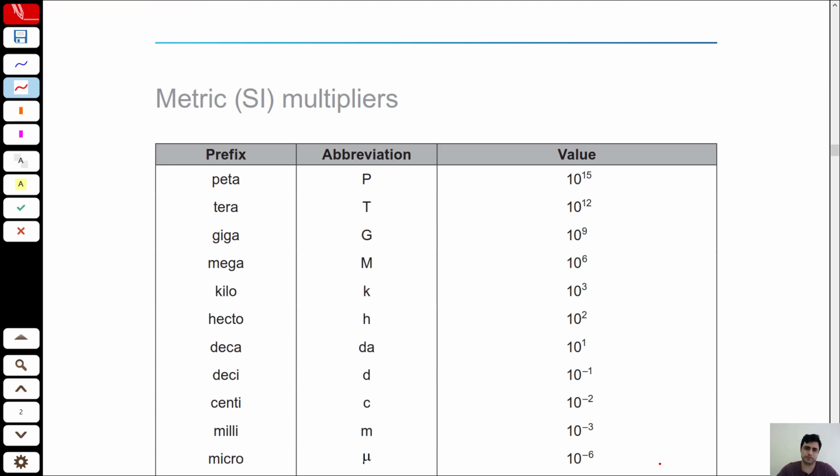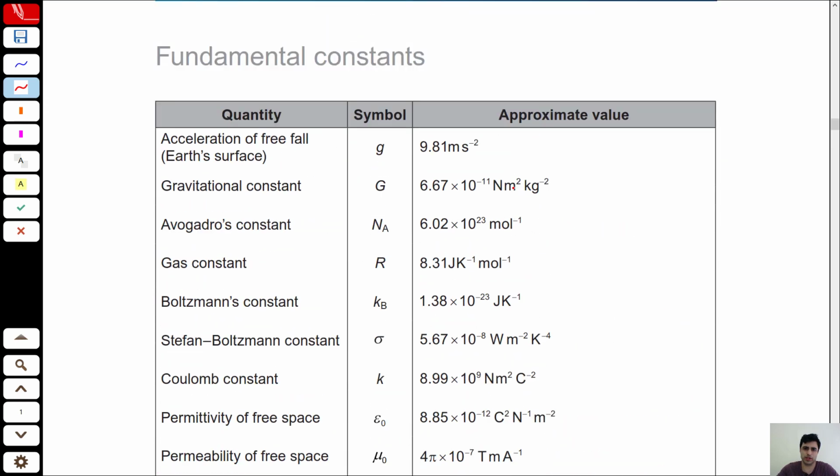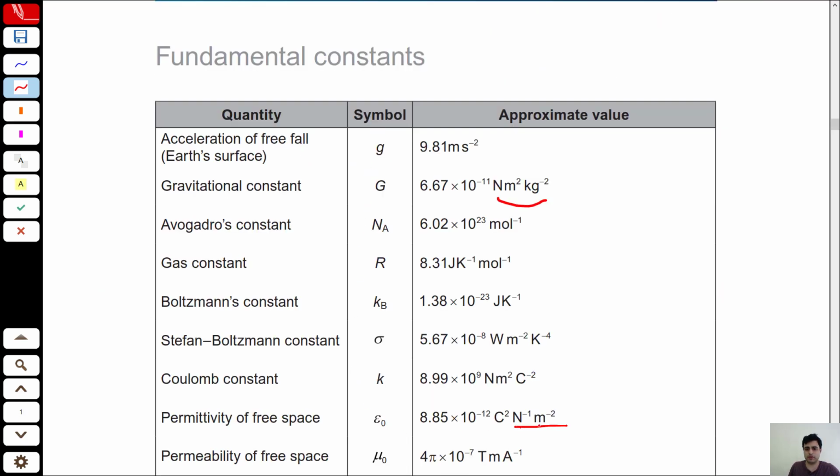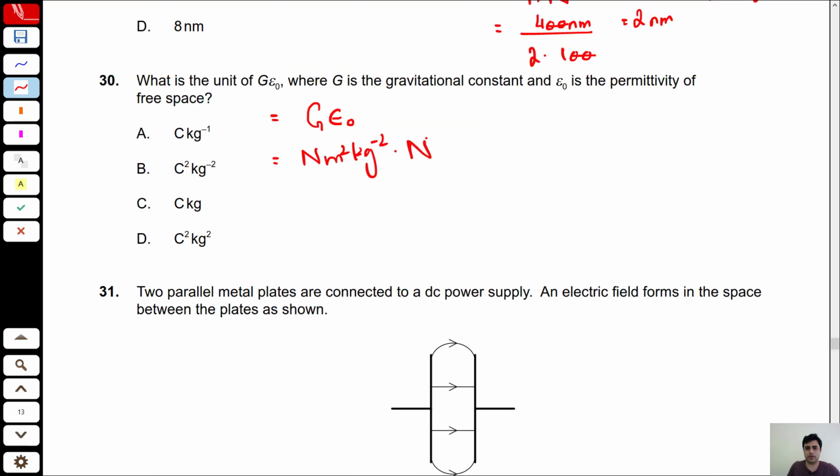First page, G. The unit for G is Newton meter squared kg to the power of negative 2. Let's see what the unit for epsilon naught is. It is Newton to the power of negative 1 meter to the power of negative 2. Let's try to simplify this. You can see this Newton and this Newton actually cancel out each other, because if you use the indices, 1 minus 1 is 0. And these two also cancel out each other.